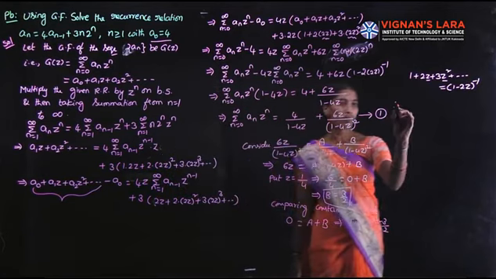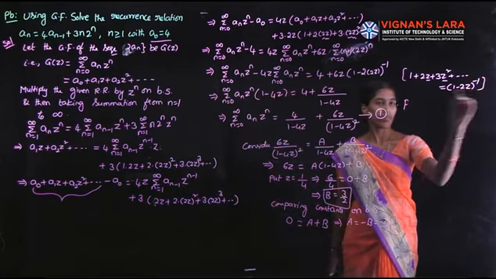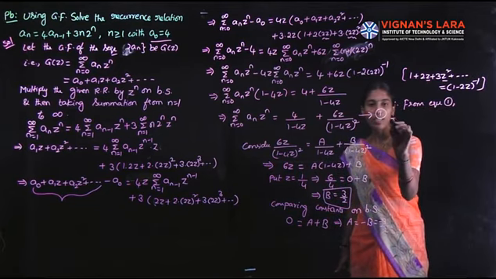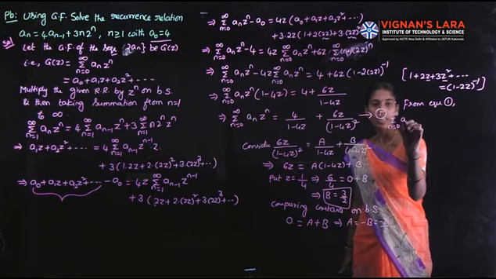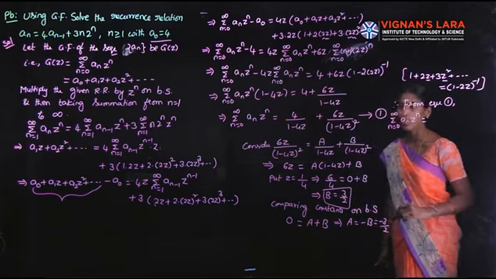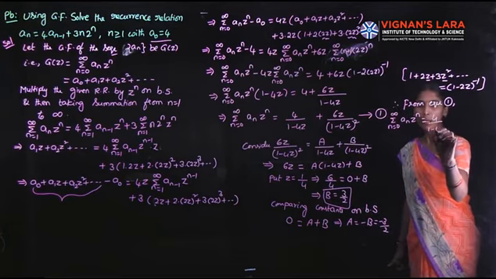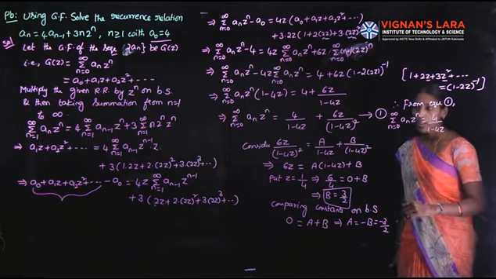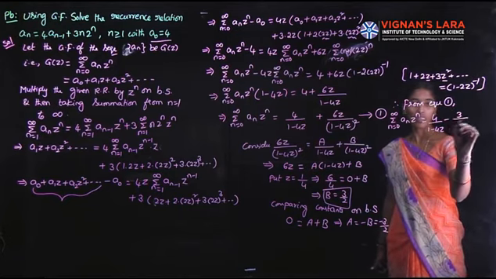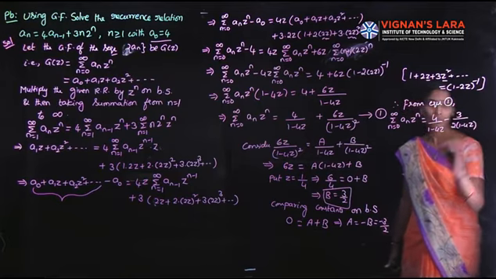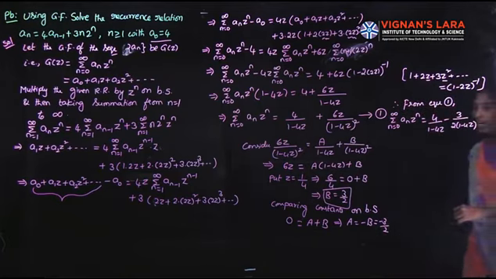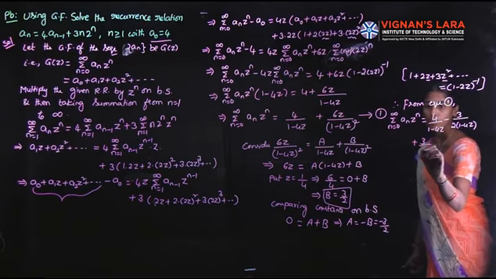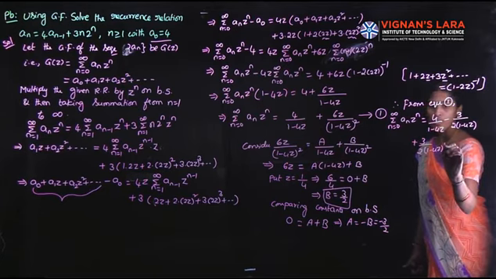Therefore, from equation 1, we can write equation 1 as summation n equal to 0 to infinity a_n z^n is equal to RHS: 4 by (1 minus 4z), right? A value is minus 3 by 2 into (1 minus 4z) plus B value is plus 3 by 2 into (1 minus 4z) whole square.